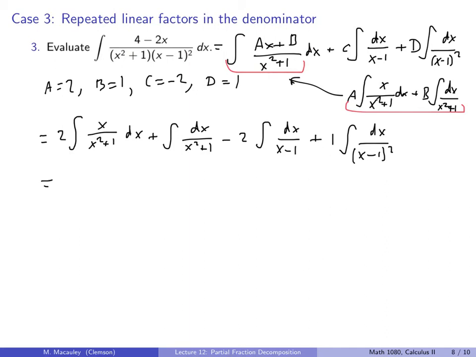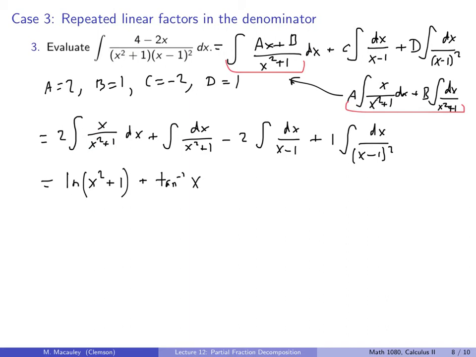This first integral is the natural log of x squared plus 1. And what technique would you have used for that? It would have been u substitution. Let u equal x squared plus 1, right? This next integral is inverse tangent of x.